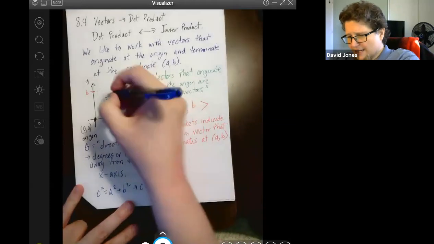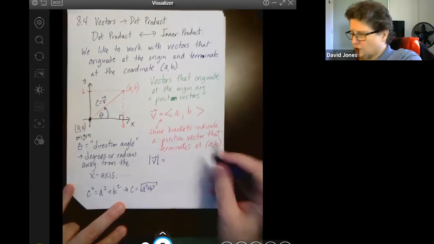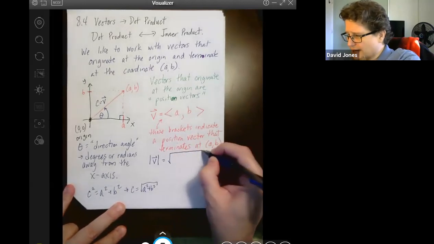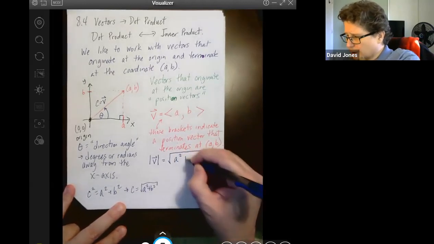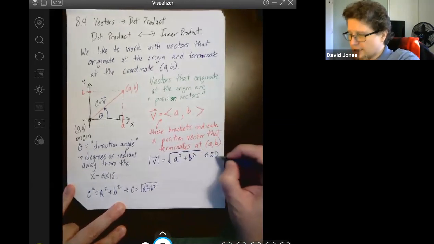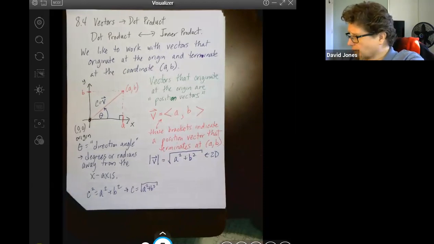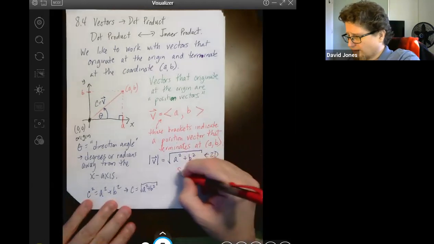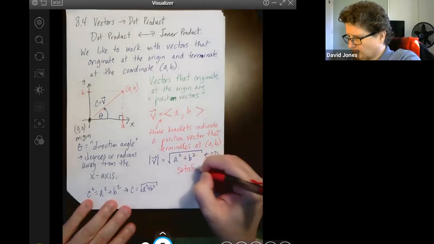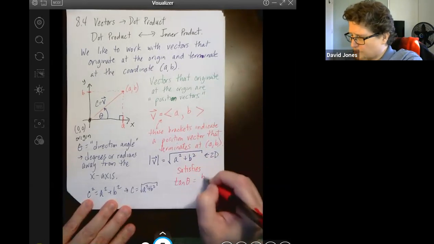And this is, of course, in 2 dimensions. Notice this also satisfies that the tangent of theta equals B over A.